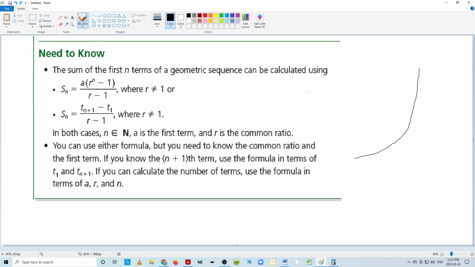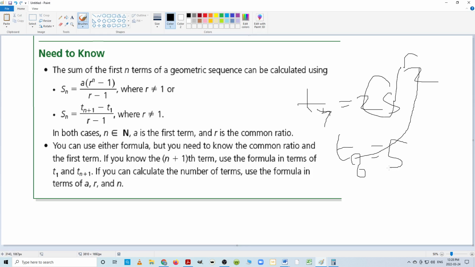So if you know that the last term is 25, and you know the ratio is 2, let's say term 7 is 25, you'll know that term 8 is 25 times that ratio, 2. So term 8 is 50. Term 8 is one more than the biggest term they give you, so you put that 50 in here.